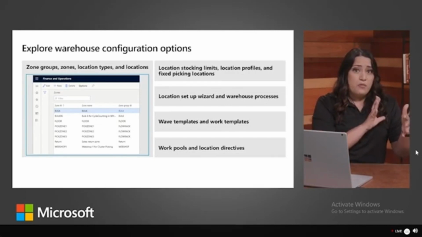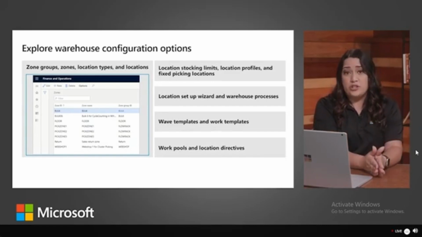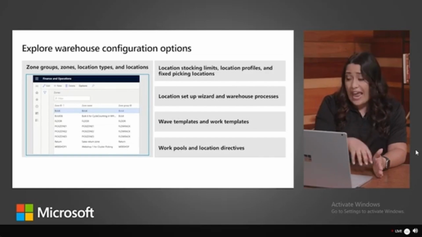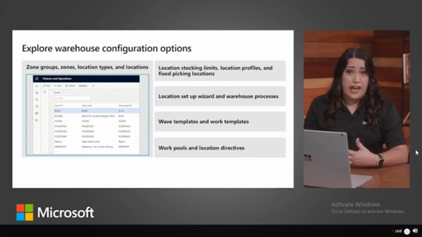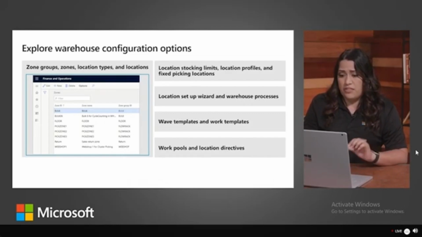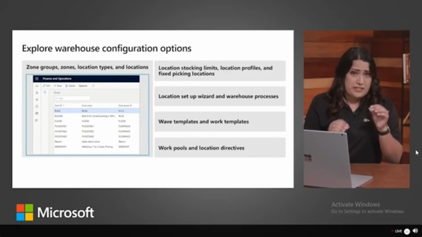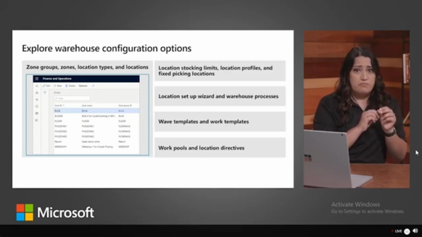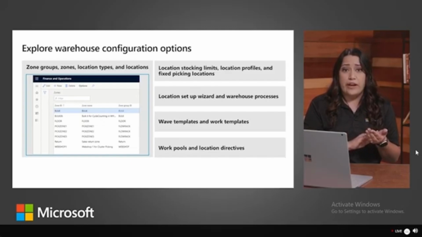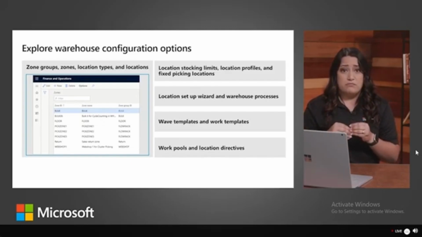Then you have location profiles, and these basically explain what can be stored in a particular area or if there's a capacity for that area. The last thing that you'll need to set up, and this is the smallest level, is a location. This is how you are tracking the on-hand inventory and where it can be picked from inside of the warehouse.